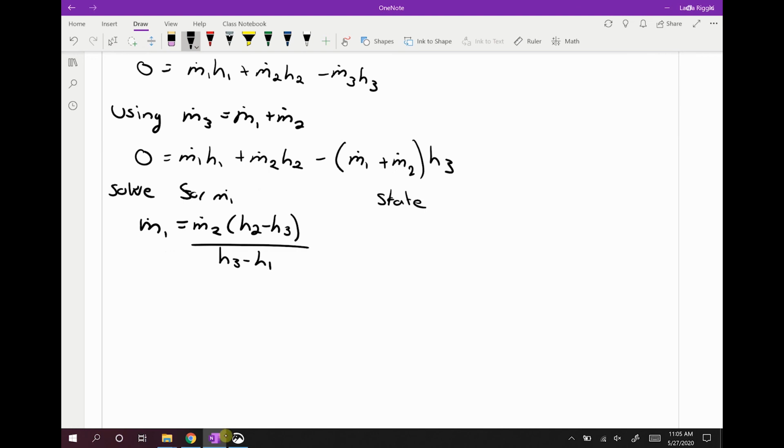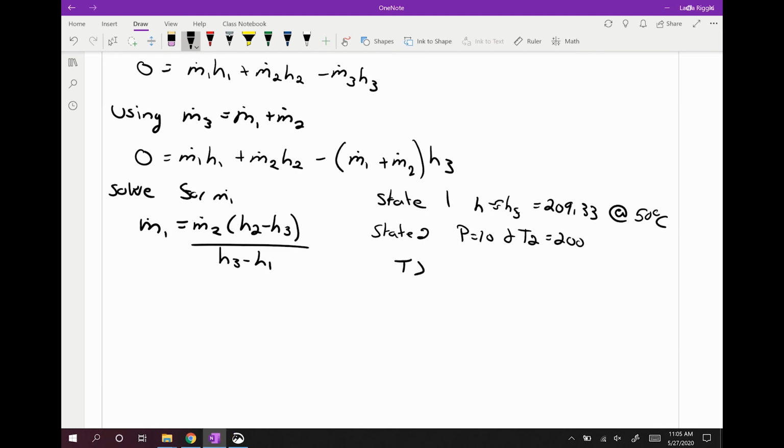So for state 1, we had liquid water. So H is approximately HF, which is 209.33 at 50 degrees Celsius. State 2, we have P is equal to 10 and T is equal to 200.